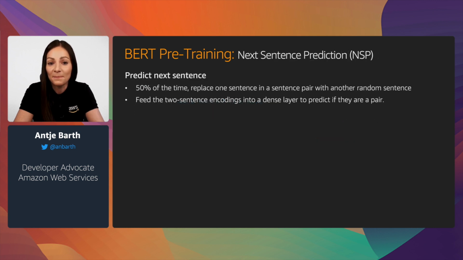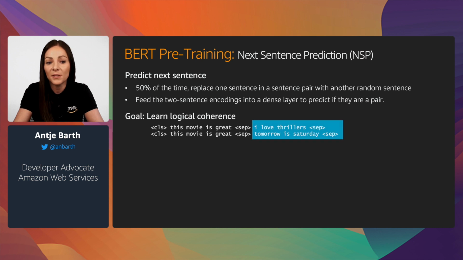The second step it performs in pre-training is predicting the next sentence. So in 50% of all cases, it replaces a sentence in a sentence pair with another random sentence. And the goal here is really to learn logical coherence in your text. So let's say I have a sentence, this movie is great, I love thrillers. This is the sequence it appears.